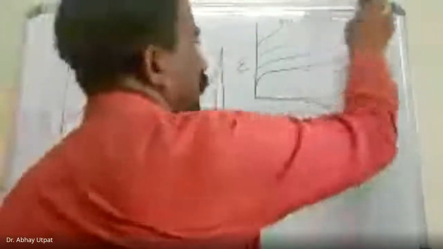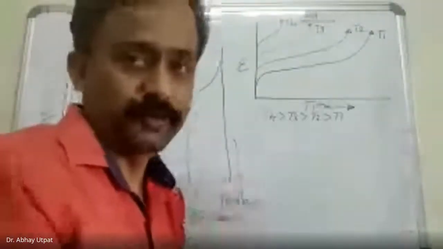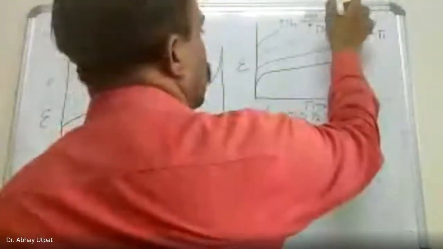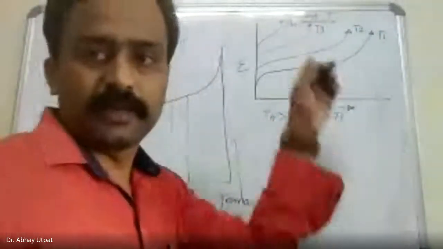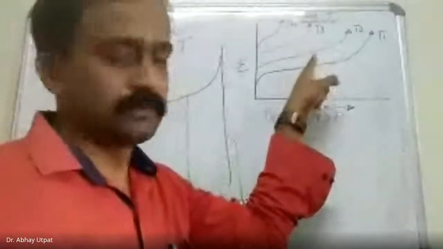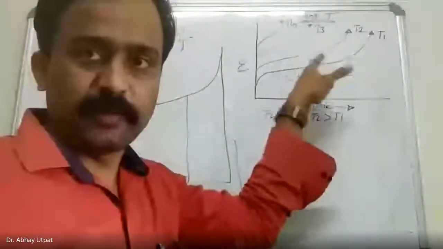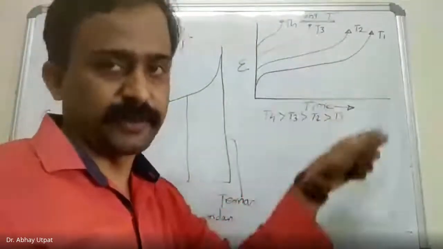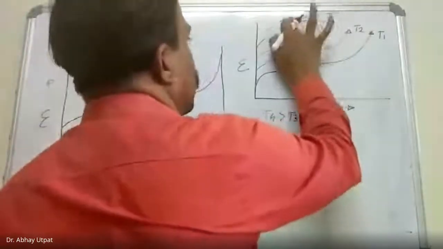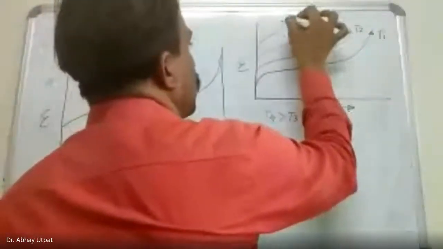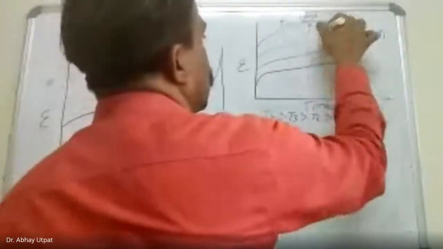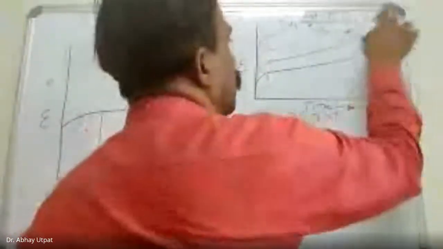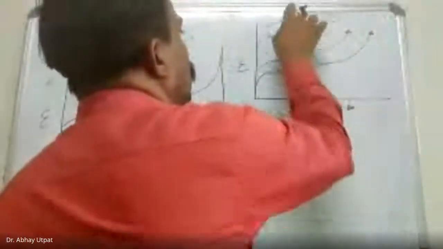I will change here only. You don't change there. You draw a separate figure. Constant temperature. Now may I erase this figure? May I modify this figure? Yes, sir. You draw separately. I am making the modification in the same figure, but you draw a separate figure. Constant temperature. So only instead of this, I will change this one.